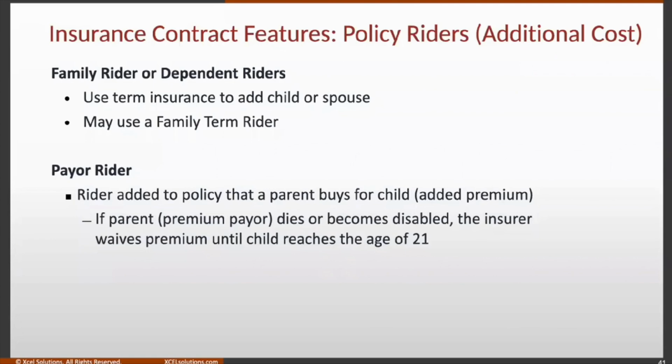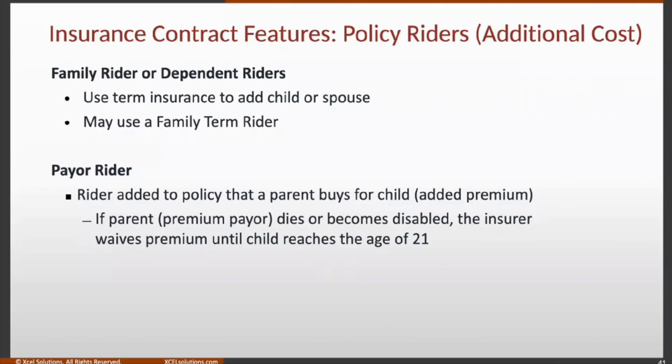Now, adding a payor rider to that policy is going to be an additional cost, but it is one worth incurring, because if that parent or legal guardian were to die, or if that parent or legal guardian were to become disabled, then the payor rider that they have put on that contract of insurance on that child's life will kick in and start to pay the premium on the contract, and will continue to pay the premium for as long as that parent or legal guardian remains disabled.